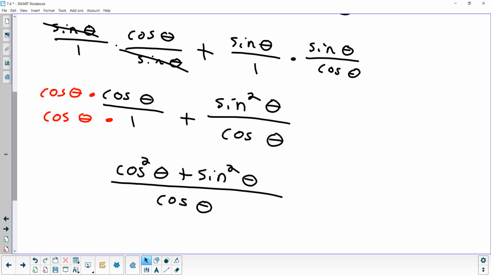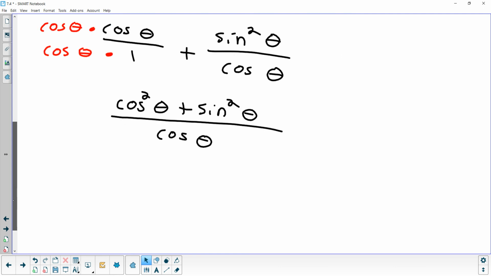Okay, we've changed everything to sines and cosines. We've rewritten it with a common denominator. At this point, there's something here that we need to recognize that I wrote down at the beginning. Something there simplifies a lot. Tim? Sine squared of x plus cosine squared of x is equal to 1. Great.